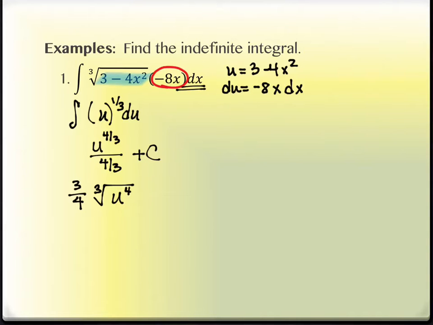Cube root of u to the 4th. I can't leave the u in. That's a non-optional thing to fix at this point. So my 3/4, my cube root, u is, what was it, 3 minus 4x squared to the 4th, plus c.